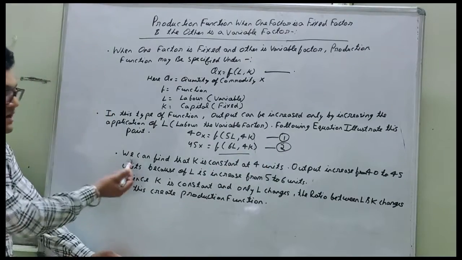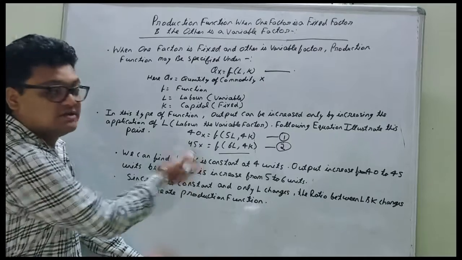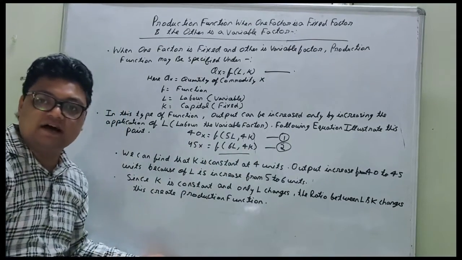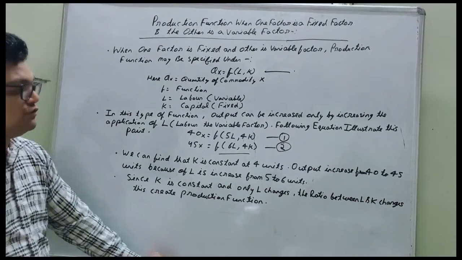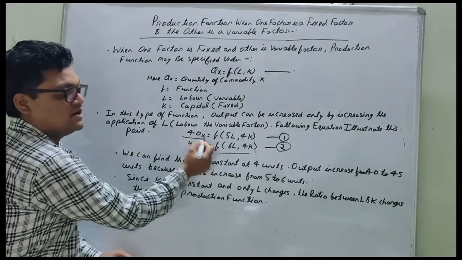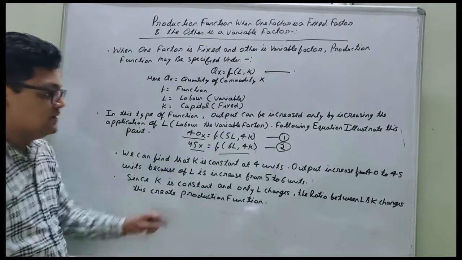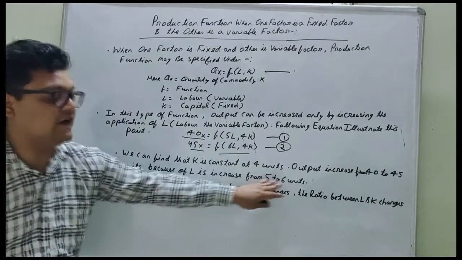Now we can see that K is constant. As you can see in both equations, K is 4 in both. Output increased from 40 to 45. First the quantity was 40 and then the quantity was 45 units because L increased from 5 to 6.